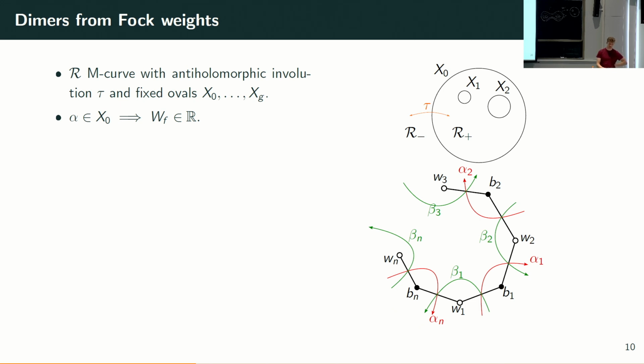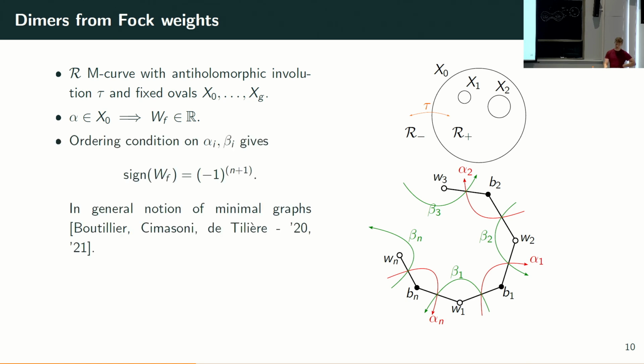And it turns out that if I choose all of my parameters just on, let's say, x0, somewhere here, then this anti-holomorphic involution just guarantees that all my phase weights are going to be real. But we need more than real. We also need a sign condition to be satisfied.